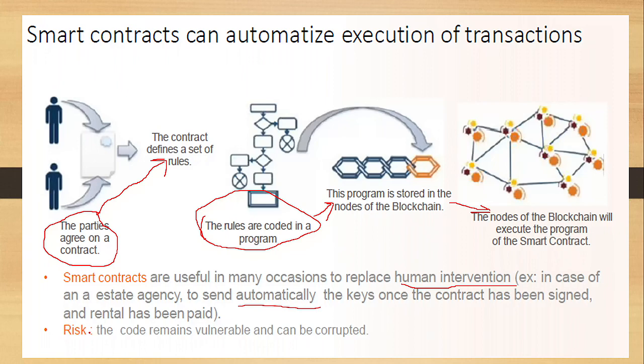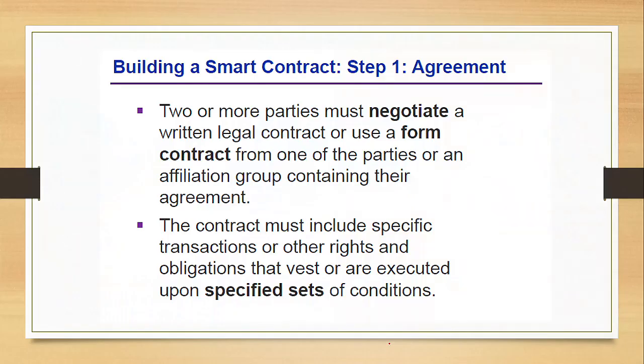However, we have some underlying risk. If this particular code is tampered with, right, then chances are the agreement might be violated, or the contract might not realize its meaning, right? So we have to take note of that. So this implementation of smart contracts requires some high level of security.